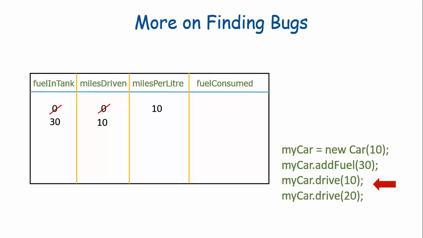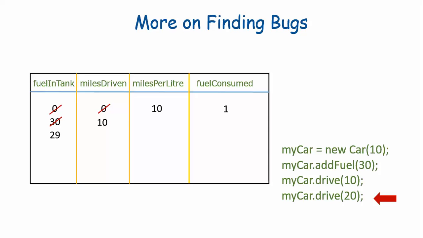Inside the drive method, we also modify fuel consumed, so we calculate fuel consumed based on the distance. So our new fuel consumed variable, which in our case is an instance variable, holds one value here, and then after that we update fuel in tank based on fuel consumption, so it becomes 29. We drive our car once again by 20 miles.